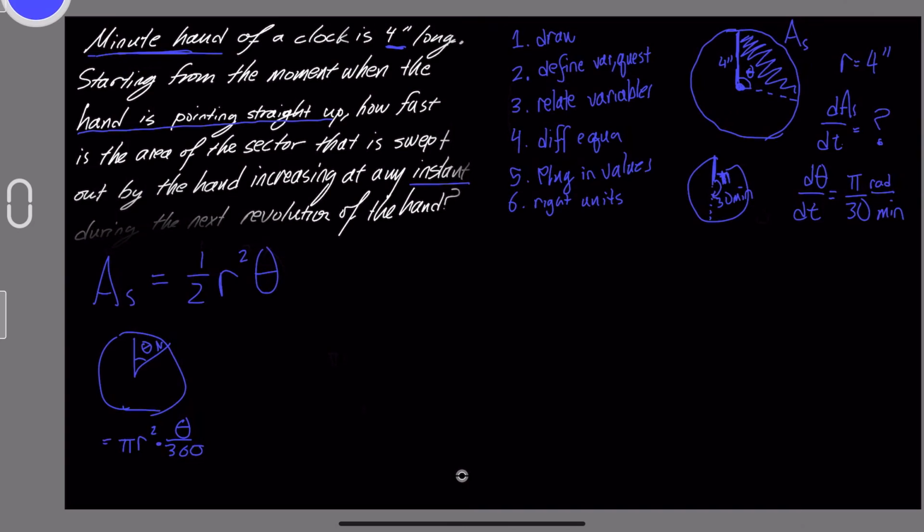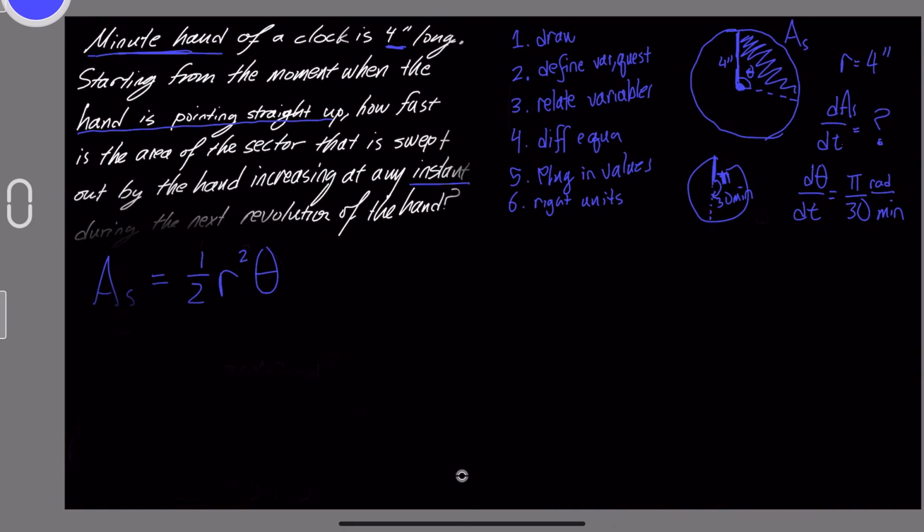So this is my area of the sector. 360 degrees is equal to 2 pi radians. That's a conversion from degrees to radians. So if I sub in 2 pi down to here, what do we get? We get pi r squared times theta over 2 pi, which is 1/2 r squared theta, which is what we have up here. So we're done with step 3.